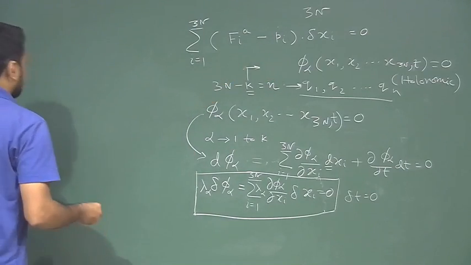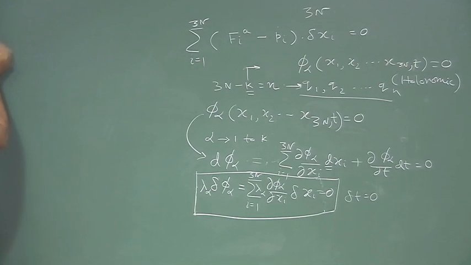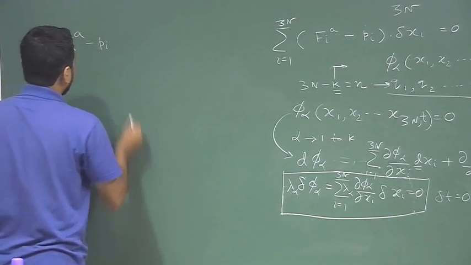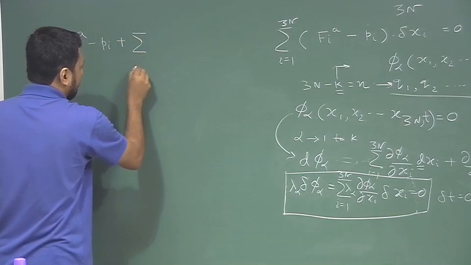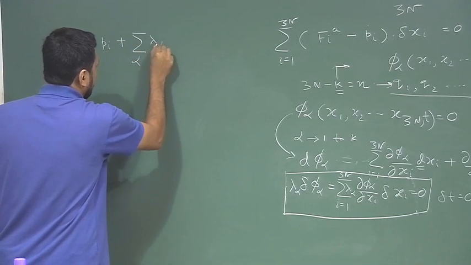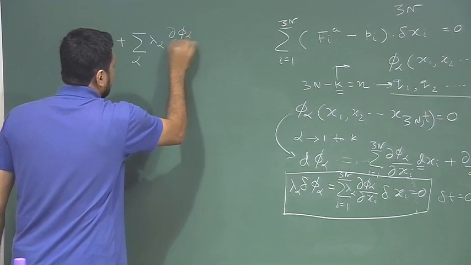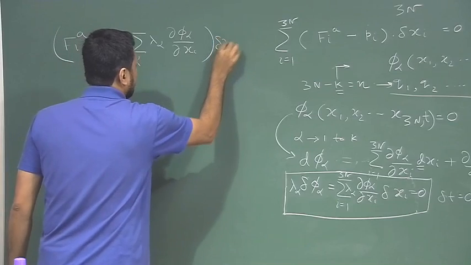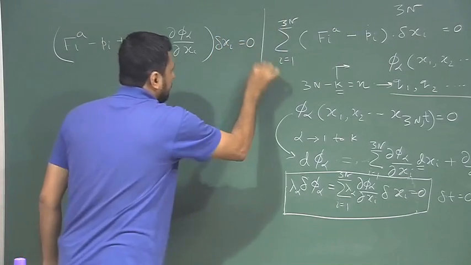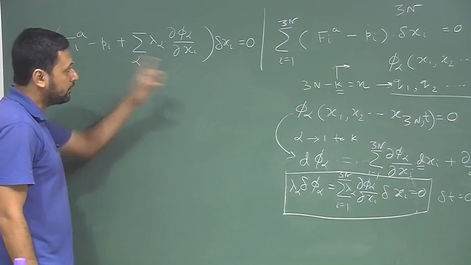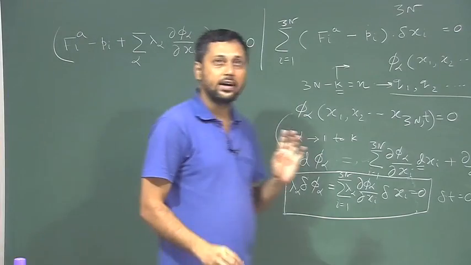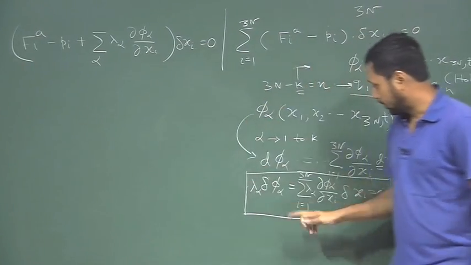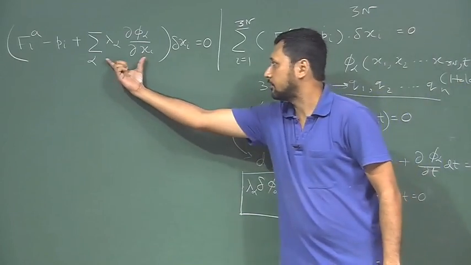So we can rewrite D'Alembert's principle as F i a minus p i dot, plus the sum over alpha of lambda alpha del phi alpha del x i, whole into delta x i, equal to 0. That could be an alternative form of D'Alembert's principle without losing any generality. This is valid and this is also valid because of this relation; this summation is essentially 0.